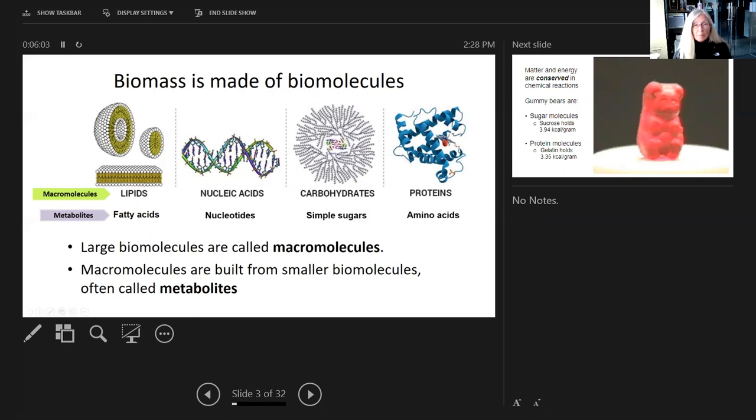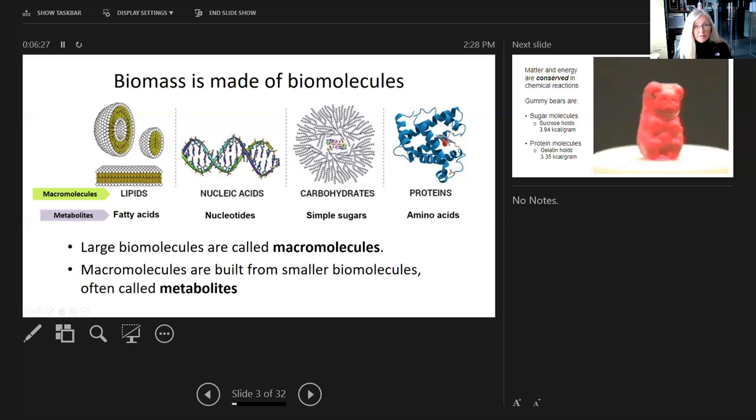So you want to remember what they are composed of, right? Lipids are made out of smaller biomolecules, which many refer to as metabolites. Metabolite refers to the fact that these are compounds that can be used to construct larger molecules, or they are released when those larger molecules are deconstructed.